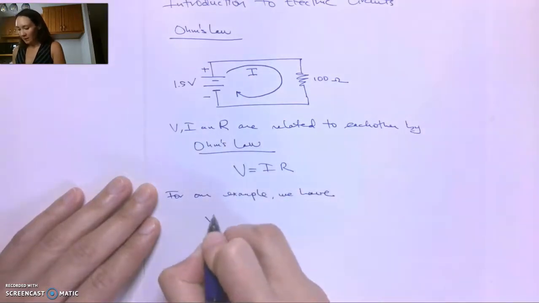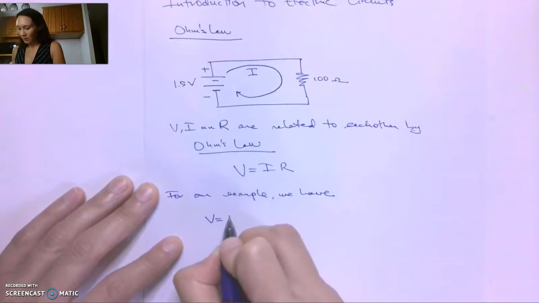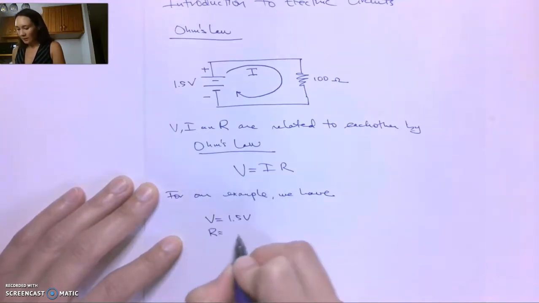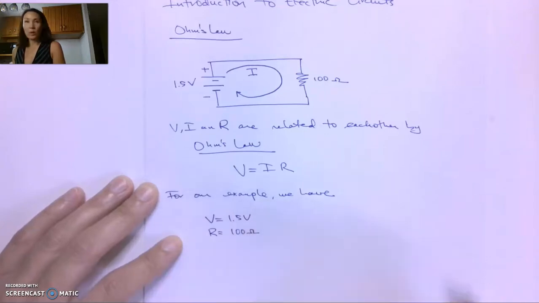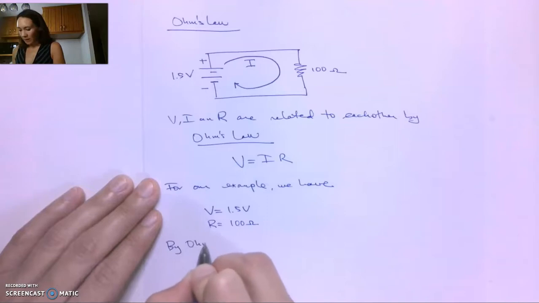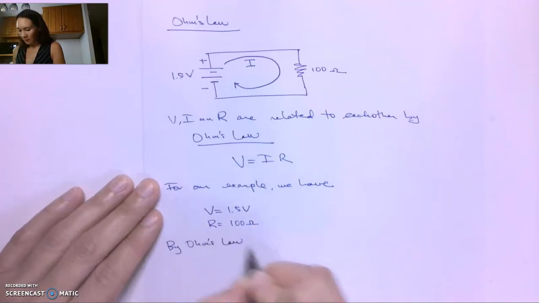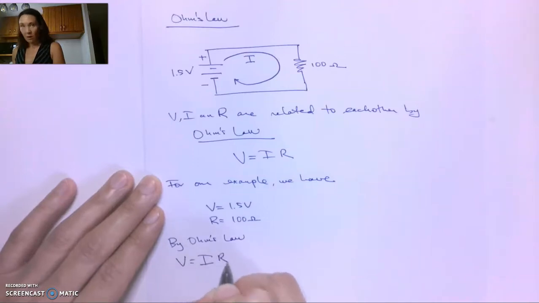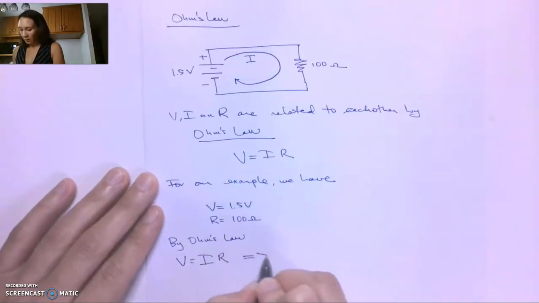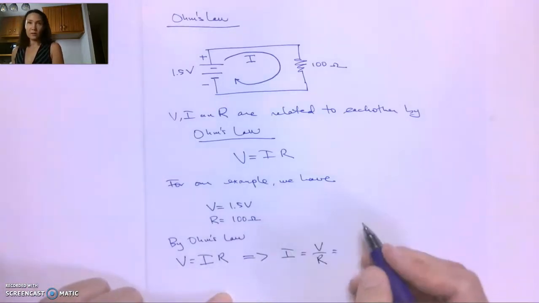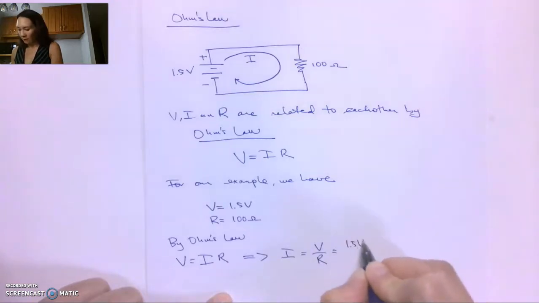Okay, so for our example above, we have that the voltage is 1.5 volts, and we have the resistance in the circuit is 100 ohms. So then we can say, by Ohm's law, we have that V is equal to IR, so that implies that I is equal to V over R. The voltage in our circuit is 1.5 volts.